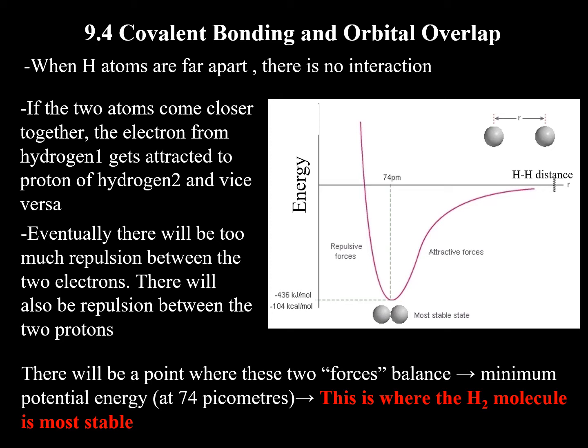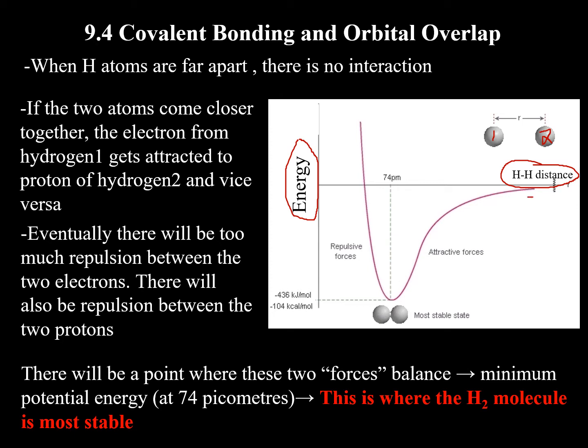So here we look at the simple case of H2, which is composed of two hydrogen atoms. Here we have the graph of energy versus the distance between the H atoms. If we label this the first hydrogen and this one the second hydrogen, if they're very far apart from each other, there's no attraction.